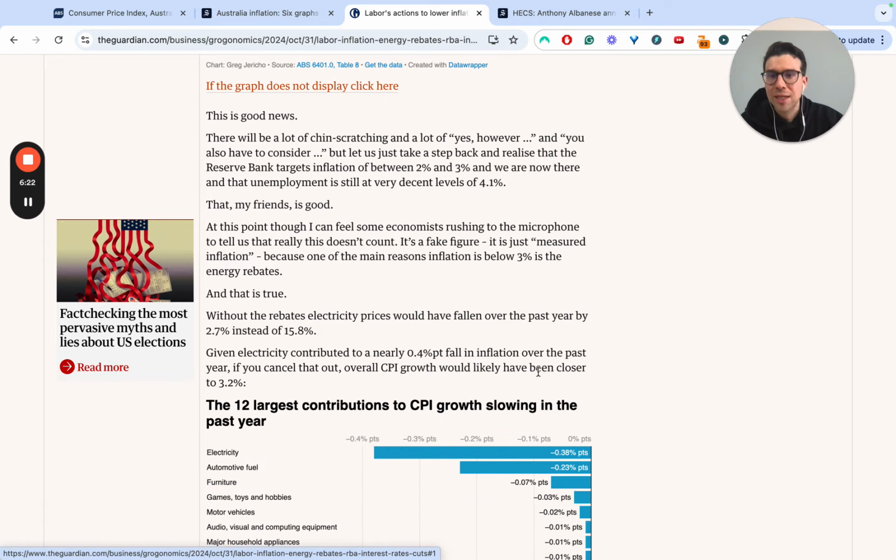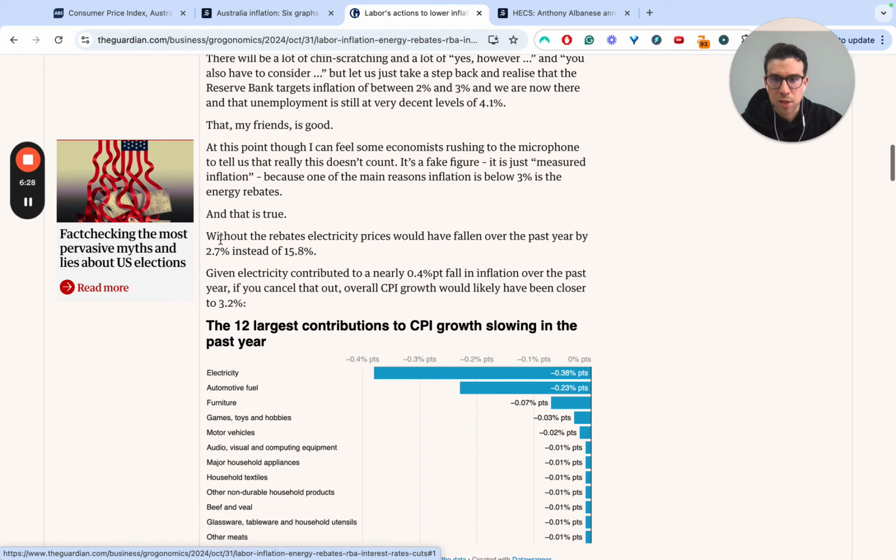Additionally, what we could argue for fiscal policy specifically, and this is what Greg Jericho has to say, is that electricity prices would have fallen over the past year by 2.7% instead of 15.8%. Given electricity contributed to a nearly 0.4% fall in inflation over the past year, if you cancel that out, overall CPI growth would have been closer to 3.2%.